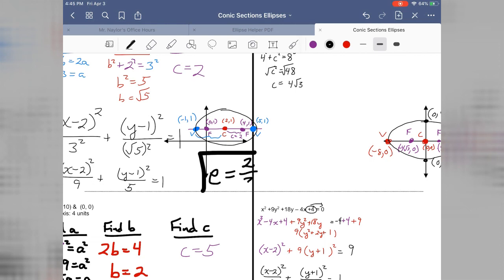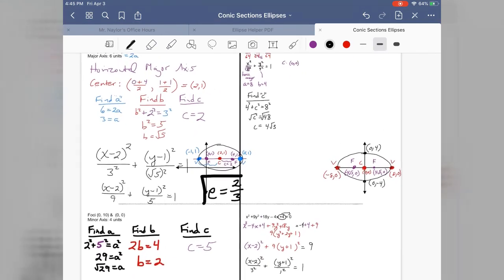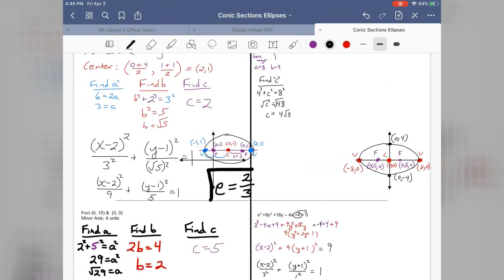Now 2 over 3 is a number that, of course, is between 0 and 1, but we could use that to compare with maybe this ellipse over here that had a c value of 4 root 3 and a value of 8.